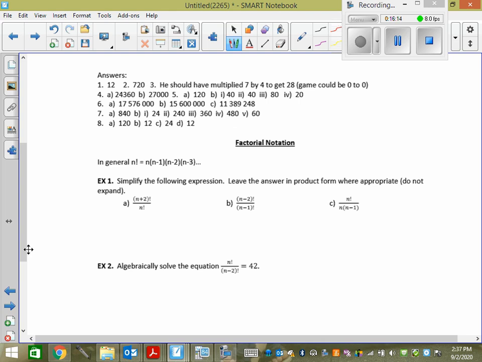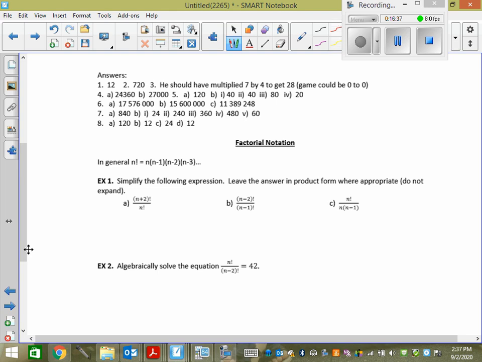So factorial notation is when you can do rocket counting. So the example was where you said if we went 6 times 5 times 4 times 3 times 2 times 1, we could go 6 factorial, right? And 6 factorial is just 720.